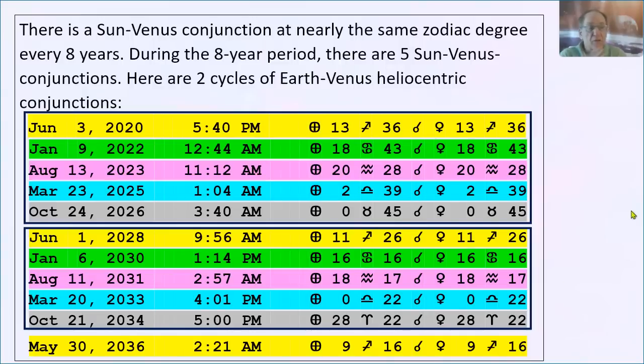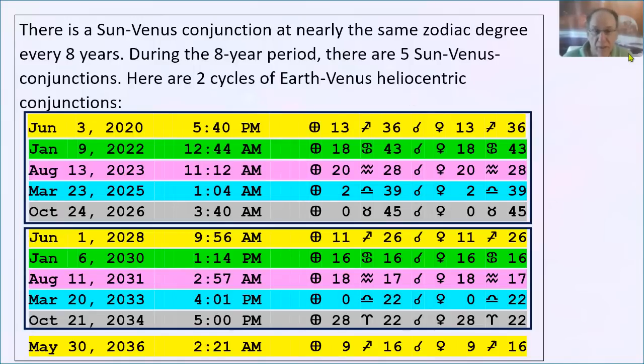And the idea is not only are they aligned, but they're aligned in the same way. It's going Sun to Venus to Earth. So Sun, Venus, and then Earth in a straight line. That's what's really happening astronomically.